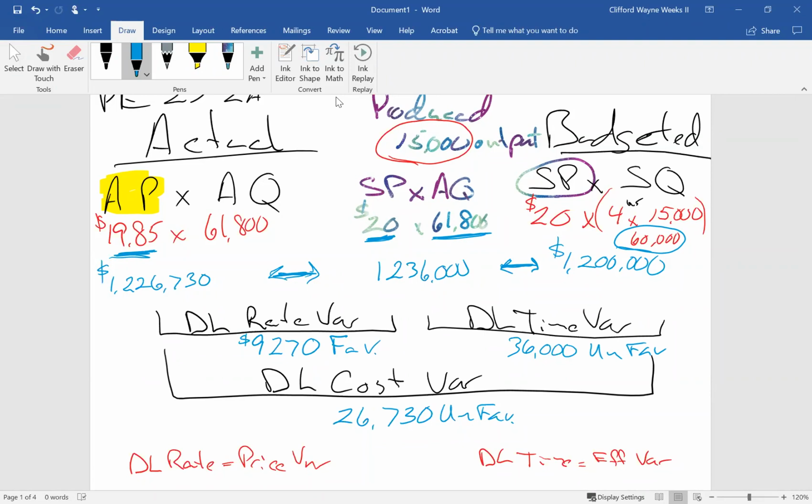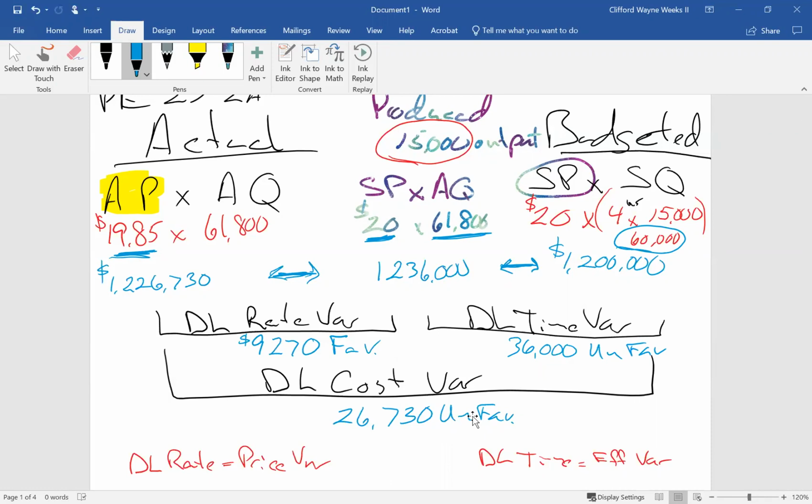Now, hopefully you see the difference between this unfavorable variance and this favorable variance. If you took the 36,000, subtracted 9,270, you end up with this 26,730. And so what really happened? Well, we don't really know, but I can make some assumptions.